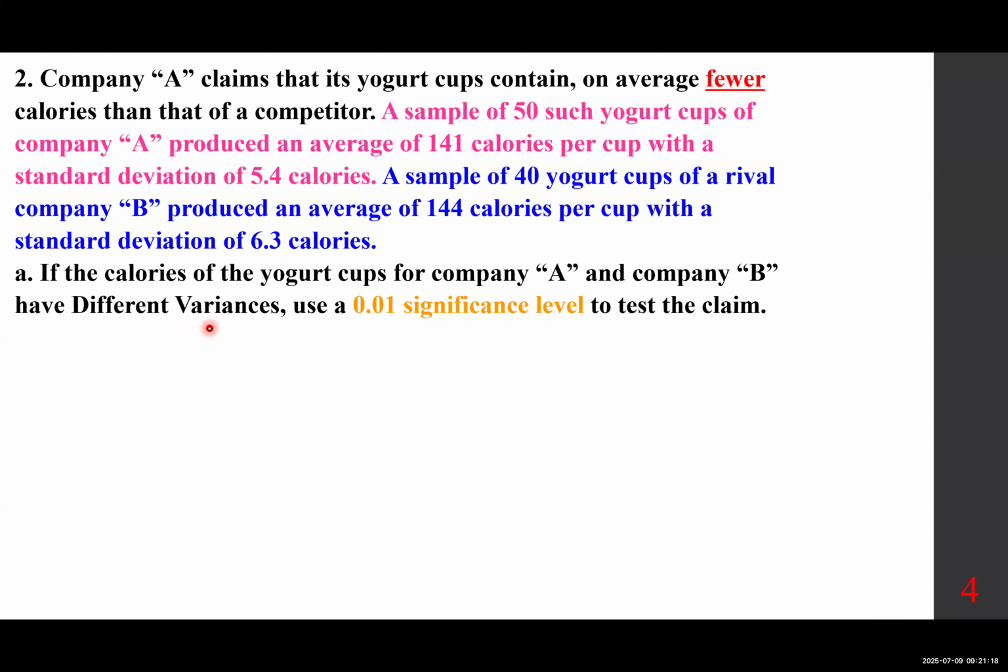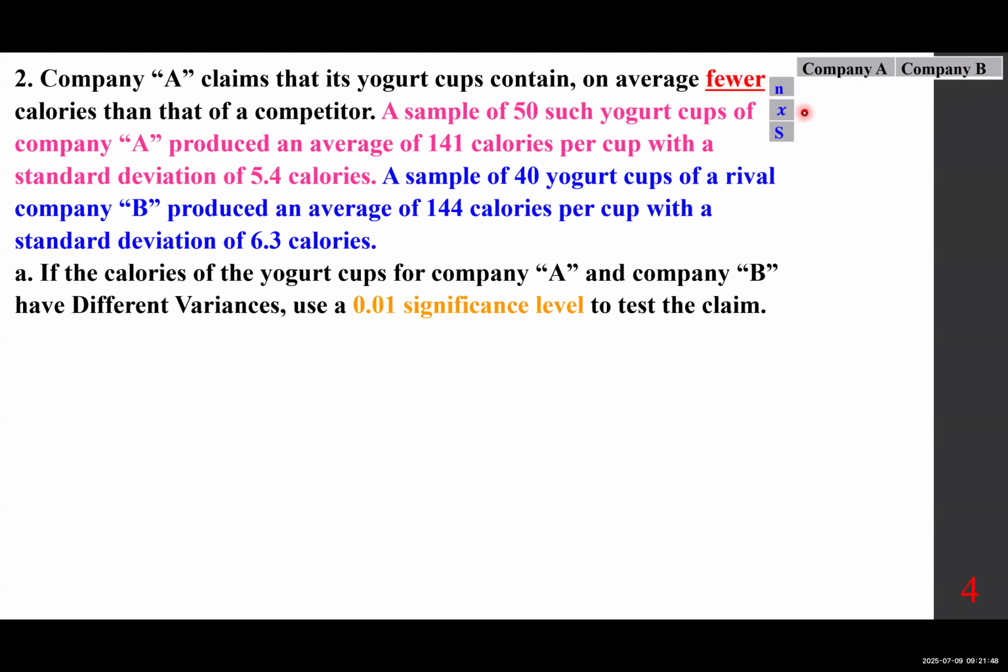Now, what is the given? So I'm going to write N, X, S for company A, company B, okay? So N for the first company is 50, for the second company is 40. So N becomes N1 for the first one, 50, and N2 is 40. Now by X, I mean X bar.